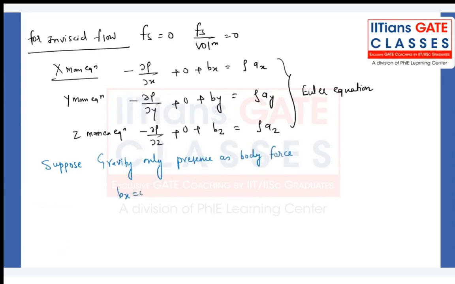Bx will be 0, Bz will be 0, and By, the body force in the y direction, will be minus mg divided by volume, so that is equal to minus rho g. Because the standard coordinates are x, y, z, but gravity will be acting in the negative y direction. That's why minus rho g.